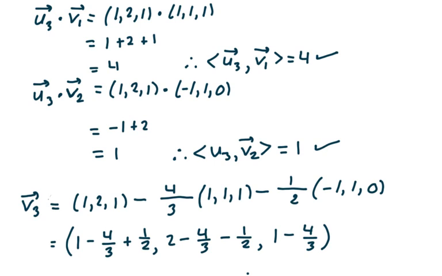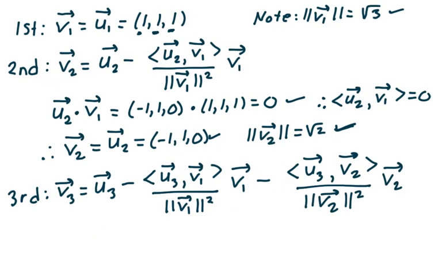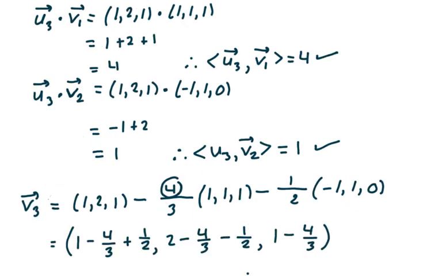Okay, so let's see if we can go back. Remember that the inner product of U3 and V1 is 4, right? And if we go back a little bit, the norm of V1 is the square root of 3. So the norm of V1 squared is the square root of 3 squared, which is equal to 3.